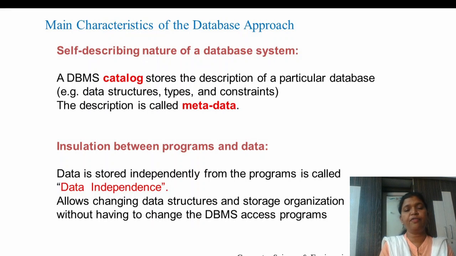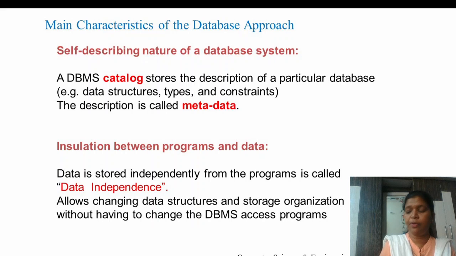It's a very beautiful feature. So I can modify n number of student records, n number of additions, deletions, modifications, but my program remains the same. Or I can change the program itself, but my data remains the same. So there is no conflict between them.